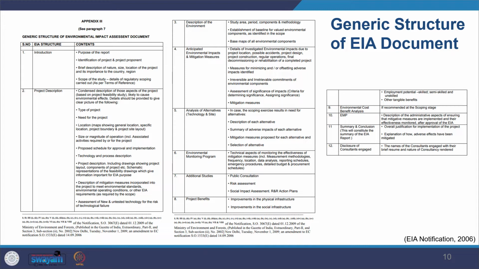Then the 4th part of the report, you see anticipated environmental impacts and mitigation measures. So here you provide details of investigated environmental impacts due to project location, possible accidents, possible project design, project construction, and because of its operations and its other stage of decommissioning or related rehabilitation of the completed project.